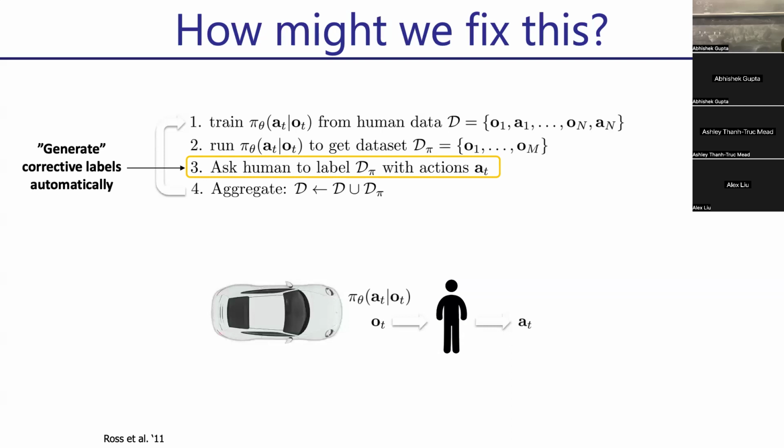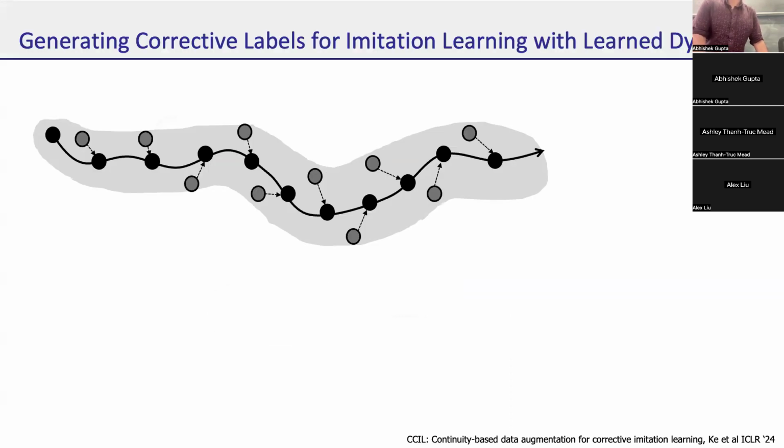Like models, like the environment? Perfect. You should be an author. It's basically that. Essentially, what we're saying is that if we knew a model of the environment, then the environment model can tell you how to generate corrective labels. Imagine that you had deviated off the optimal path and reached this state over here.